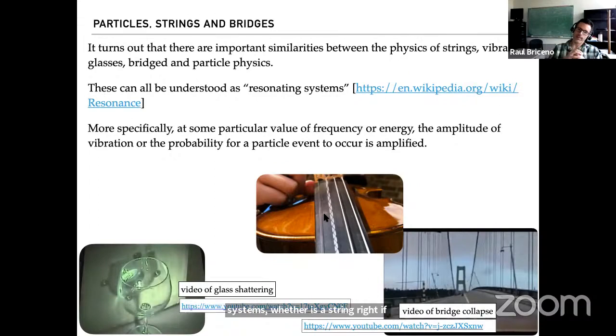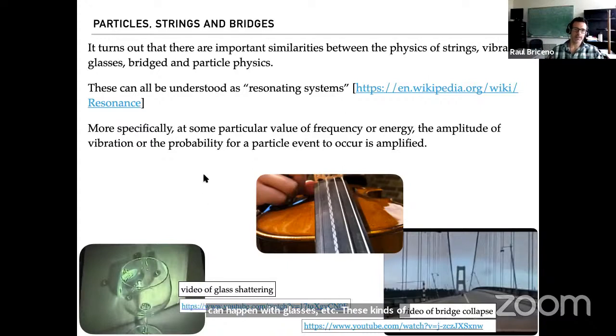If you have a string and you pluck it, it's going to resonate at some particular frequency. If you have a bridge that has been built perhaps not properly, and you hit it with certain streams of wind, then the bridge can act like a swing, and at some particular amplitude it's going to resonate quite a bit, and so the amplitude is going to increase. Or the same thing can happen with glasses, etc.